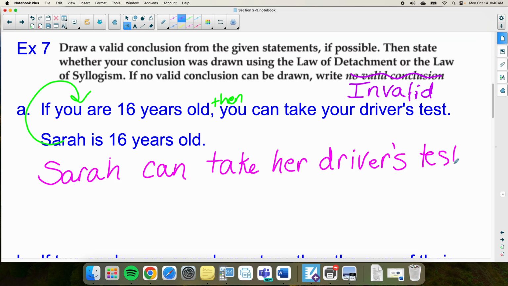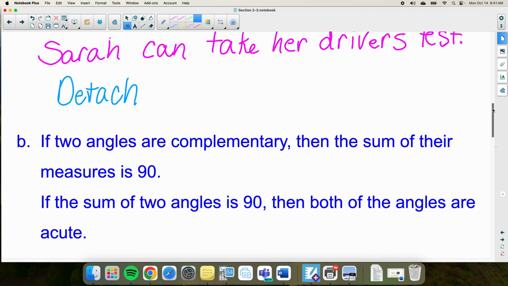Okay, and then you have to say which law. And here's what I'm gonna have you guys do. This one was detachment. So for detachment, you can just write detach. If it's syllogism, you can just do SYLL. Okay, so you'll see one like that in a second.